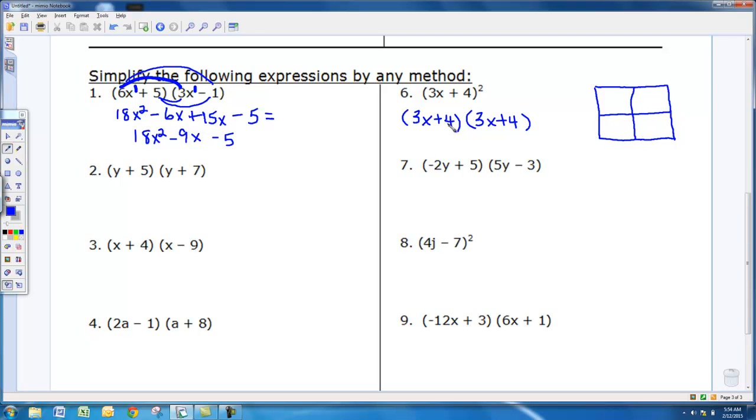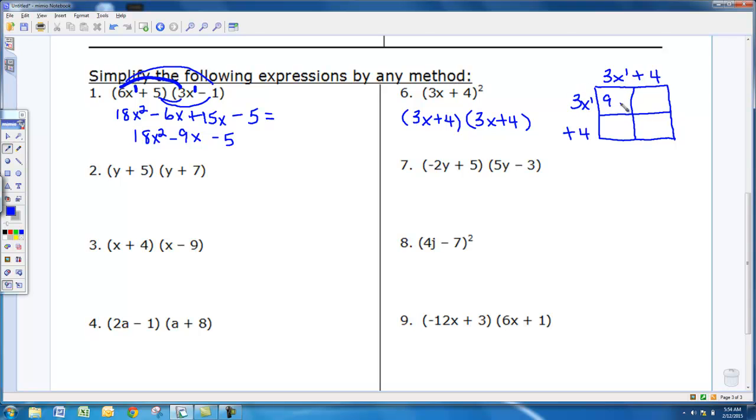Because we have two terms in each binomial, we need a 2 by 2 box. We need a spot for each term along the top, and we need a spot for each term along the side. Okay, now I'm going to start multiplying. To get this square, I do 3x times 3x.